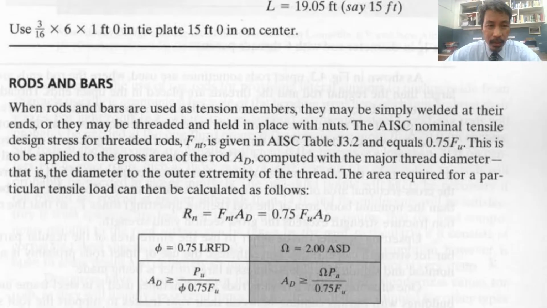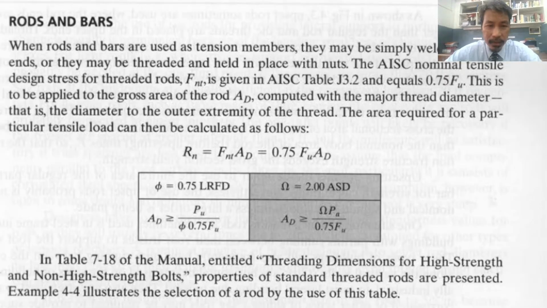So next topic, rods and bars. You can design rods and bars by the same. This looks like the block shear, but now it is only equal to one part.